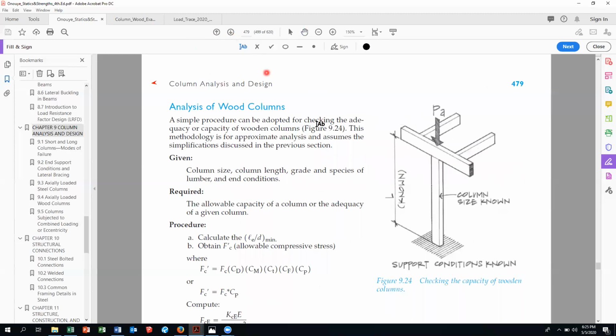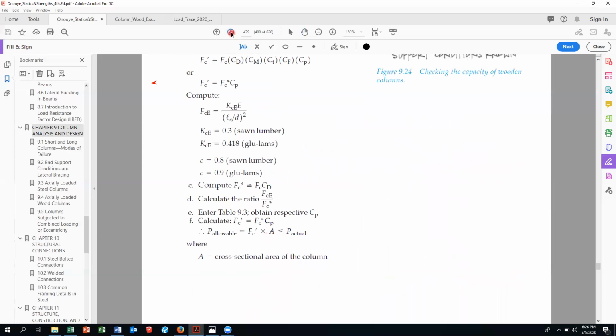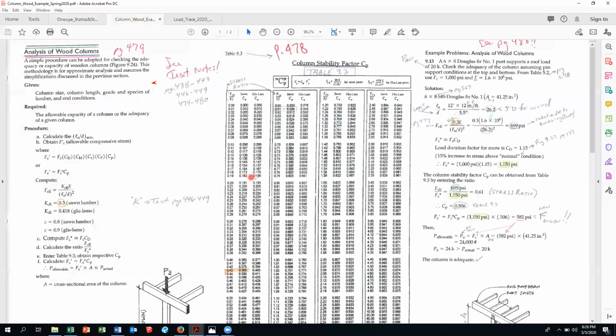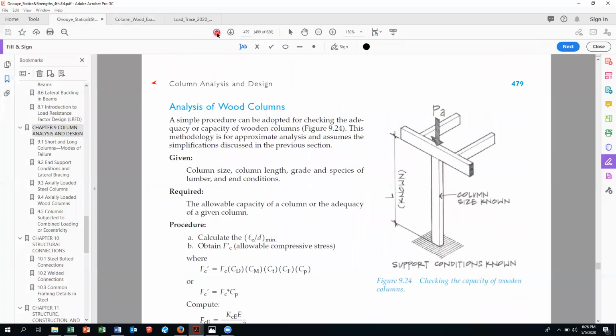And then here's the analysis, kind of the procedure. And I figured the best way to take you through an example problem was actually give you this right here. So what you see right here, this is page 479. So I'm giving you this.